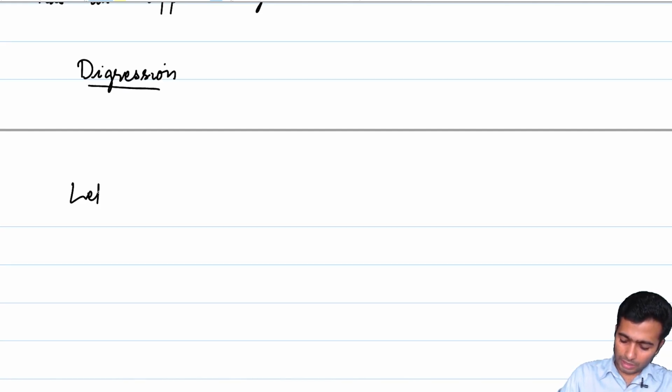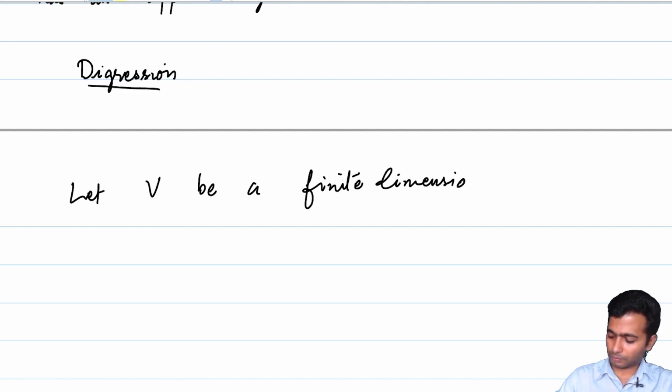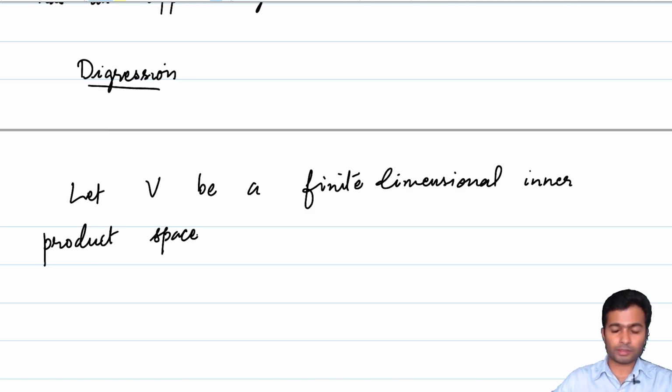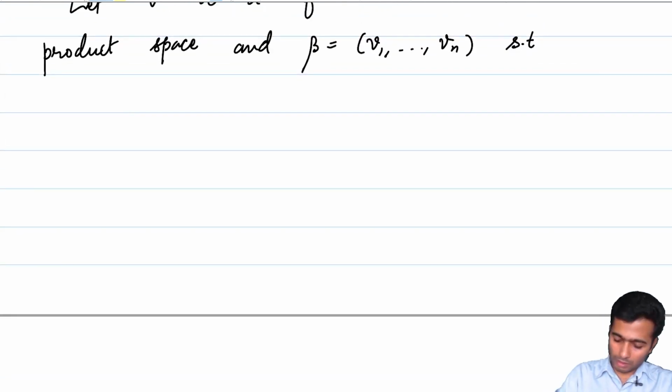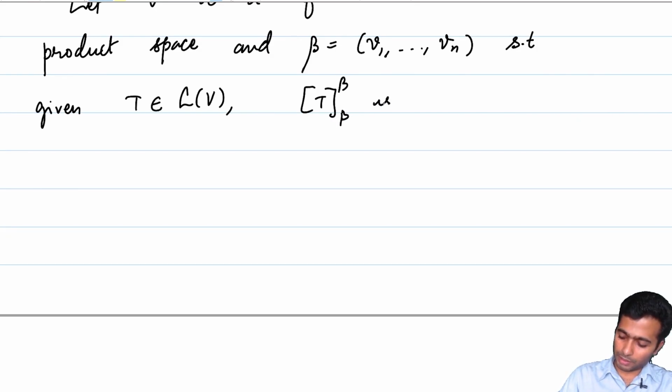So let V be a finite dimensional inner product space, and let's start off with some basis, say V1 to Vn, such that given T in L(V), the matrix of T with respect to beta is upper triangular.